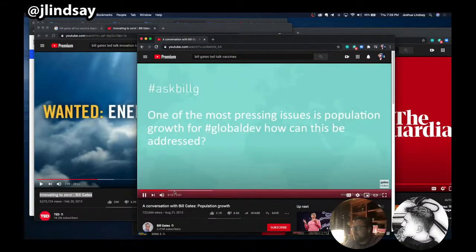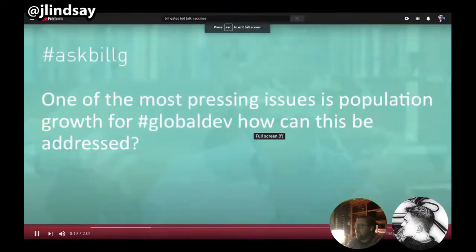How do you expect this to be addressed? Well, the population growth issue at the global level is not that daunting. That is, the population percentage-wise is growing slower today than in the past, and so it will actually peak out. The problem is that the population is growing the fastest where people are less able to deal with it.